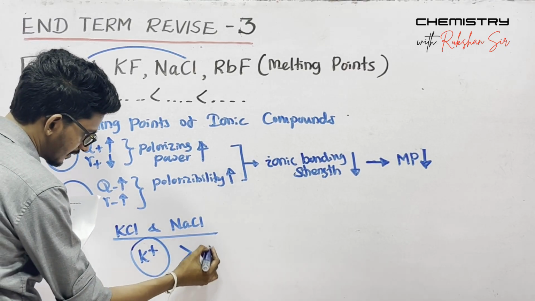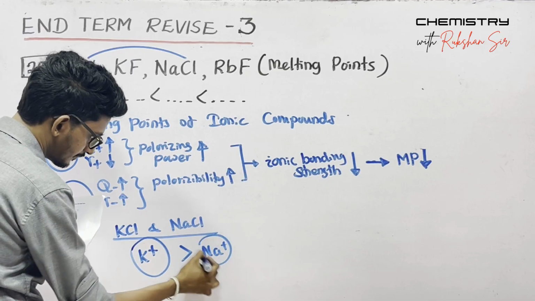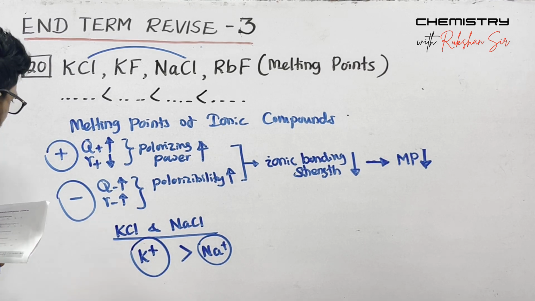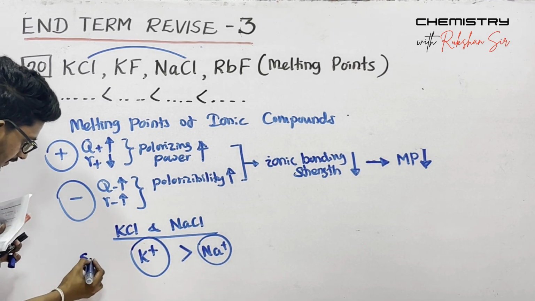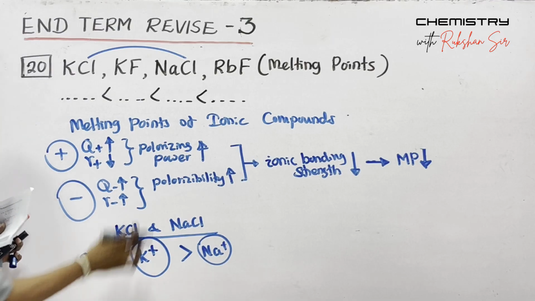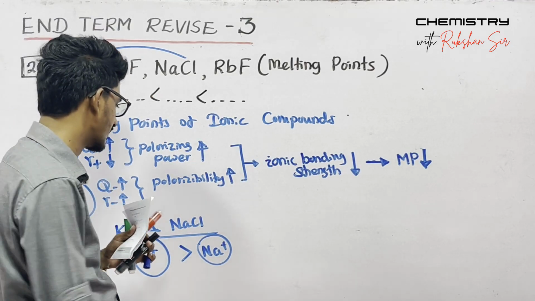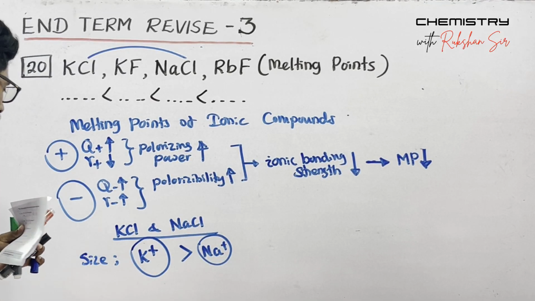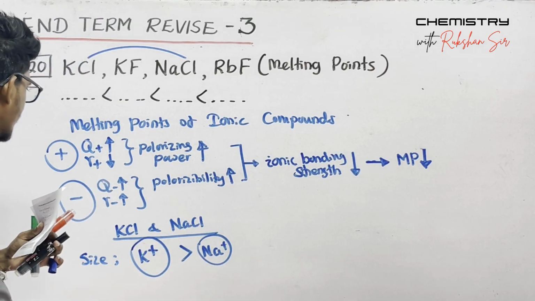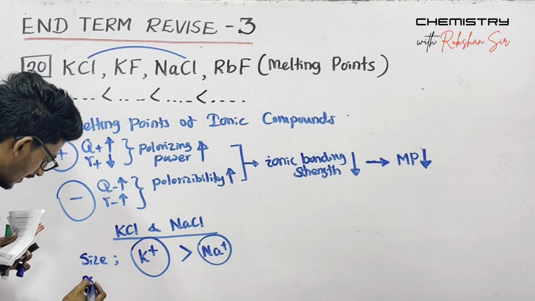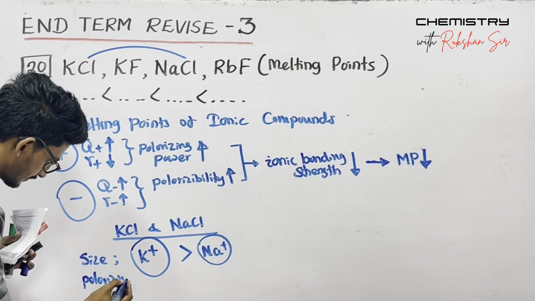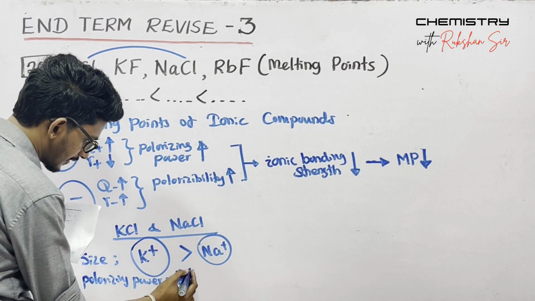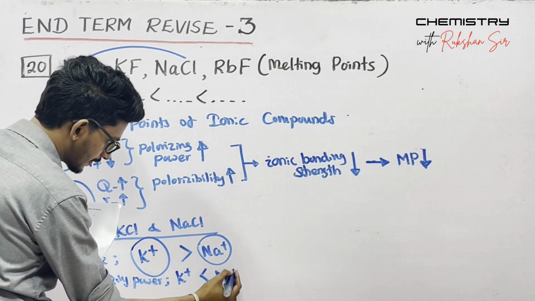K plus is larger and Na plus is small, right? I'm not going to consider the chlorine because that is common to the two. So as the size is like this, the polarizing power of K plus is smaller than Na plus.